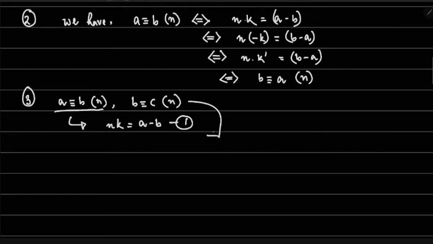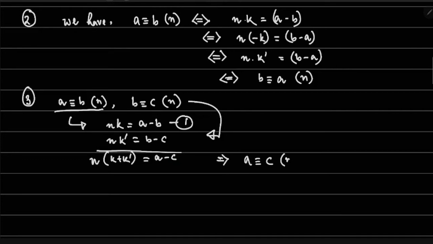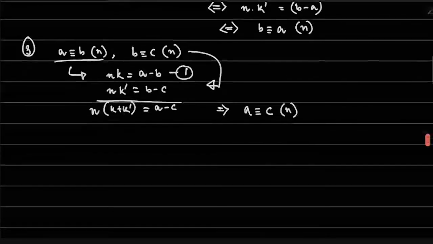And from here we can write, n times k prime is equal to b minus c. Now if you add them, n times k plus k prime gives me a minus c. That will give me a is congruent to c mod n. It is clear, right?